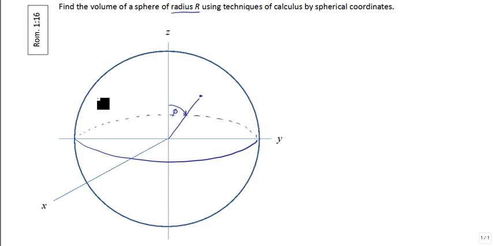Let me write that over here. So phi is the azimuthal angle measured to the radial line from the positive z-axis.